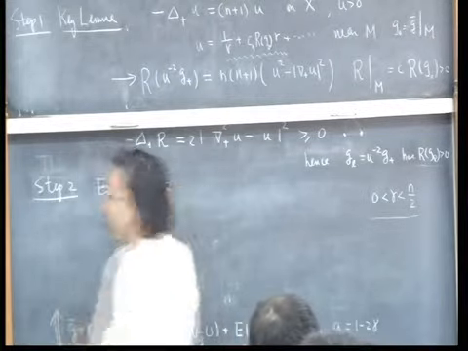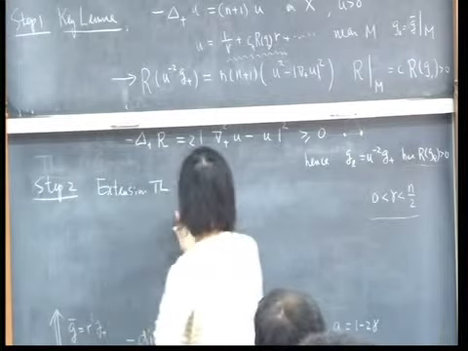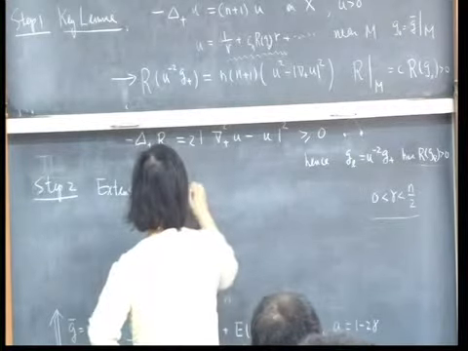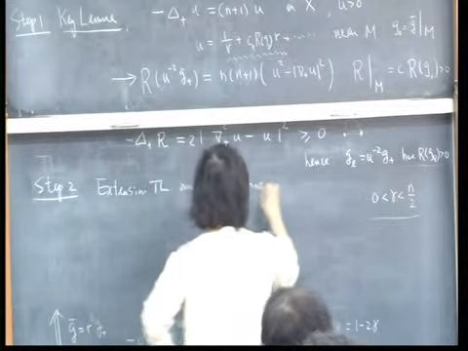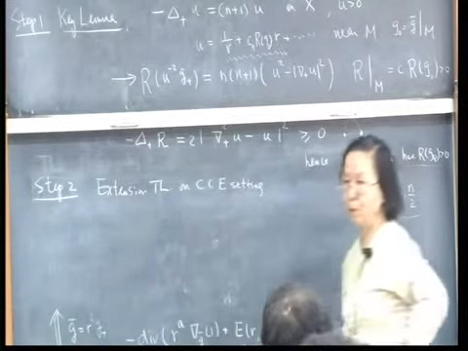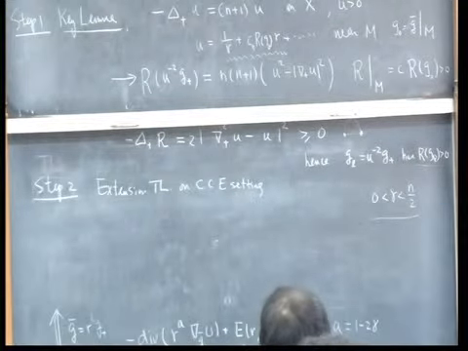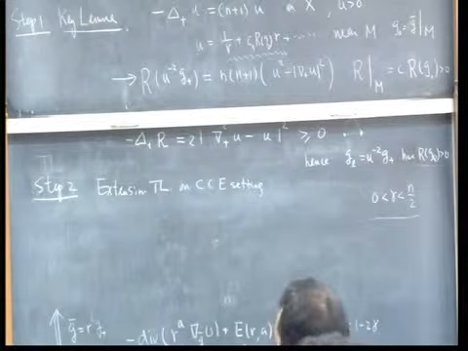Following that, to answer your question, do we have the extension theorem in the CCE setting of Caffarelli and Silvestre? Yes, we do. And in that case, in this extension theorem, we are allowed to choose any compactification.